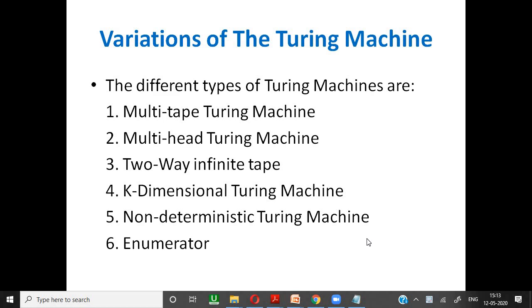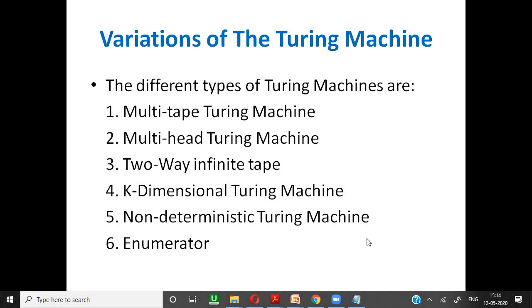These 6 Turing machines have the same formal definition as the general Turing machine, but in structure, the Turing machine has variations. A normal Turing machine contains only one read-write head and one tape, so we have external memory access.